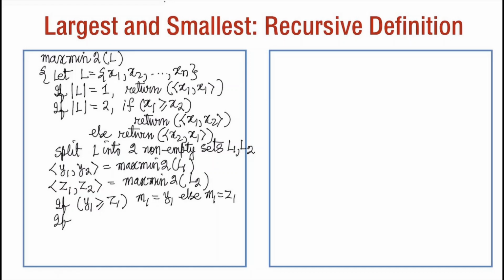If y2 is less than or equal to z2, M2 equal to y2, else M2 equal to z2. And we return M1, M2.